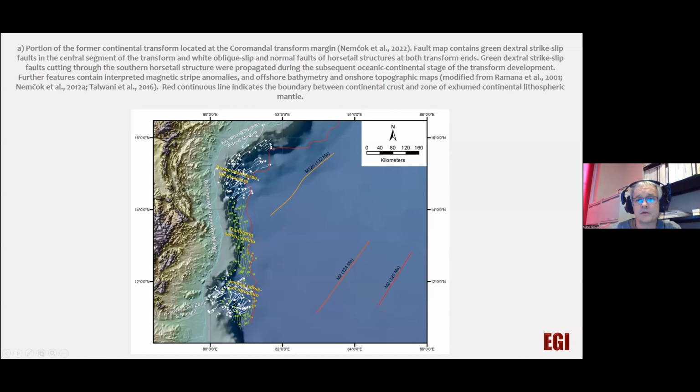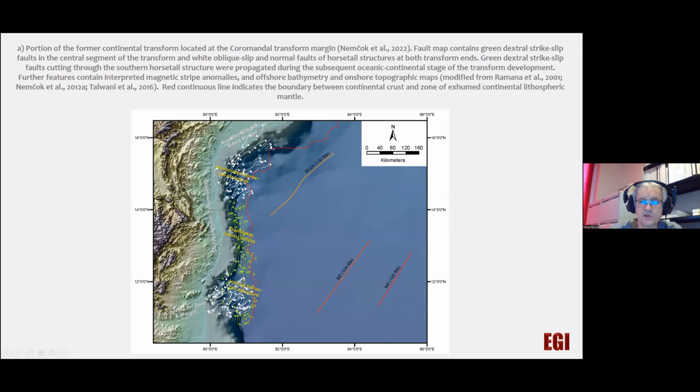After the breakup, there was a spreading center initiated here, and it needed to laterally clear its contact with the future transform margin. In order to do so, it needed accommodation from these strike slip faults. While they were actively accommodating, they kept propagating and eventually cut through its own earlier horsetail structure.